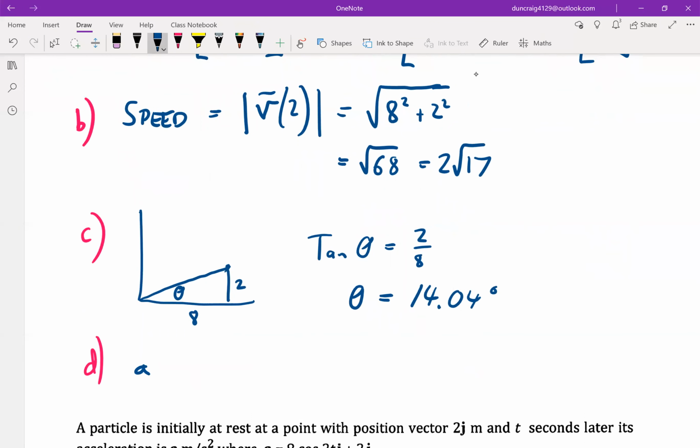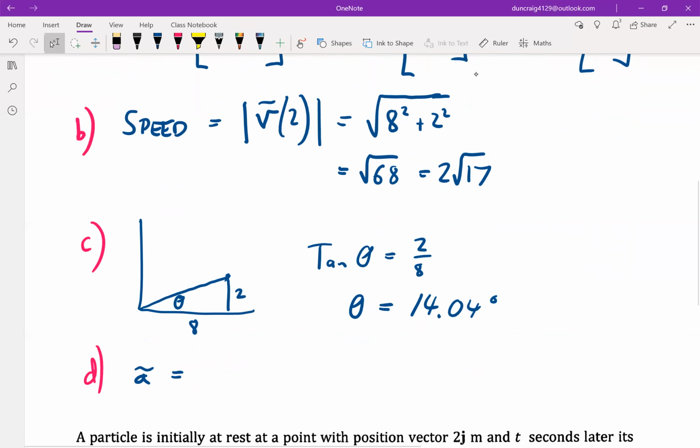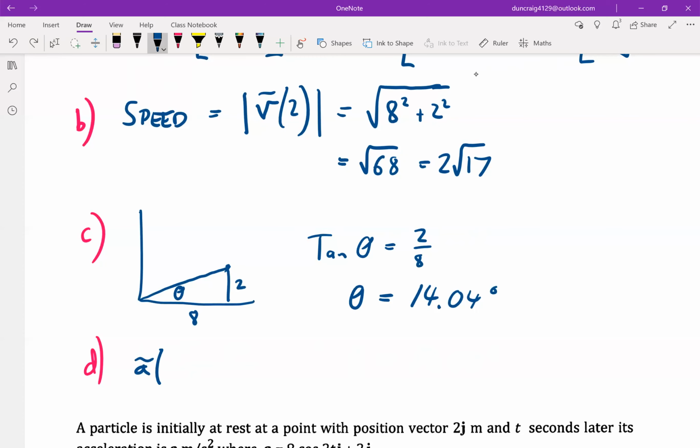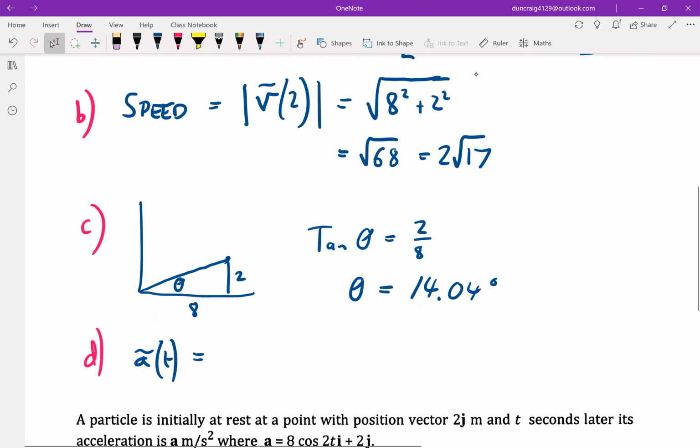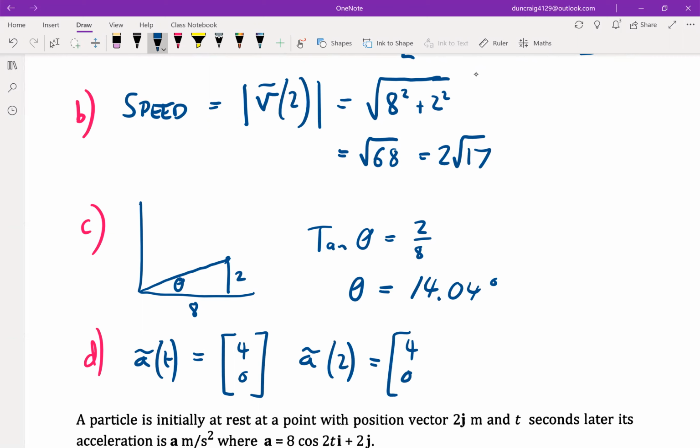So our acceleration vector in terms of t is just going to be 4 and 0. Which just means it's constant, so it doesn't change regardless of time. So at t equals 2 it's just going to be 4, 0. So it's only accelerating in a horizontal direction.